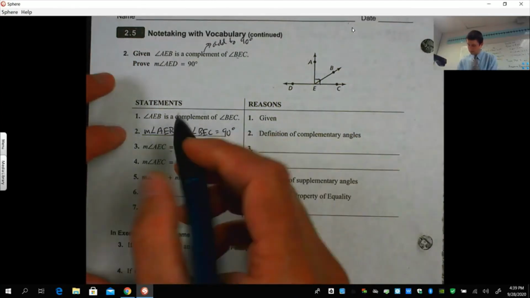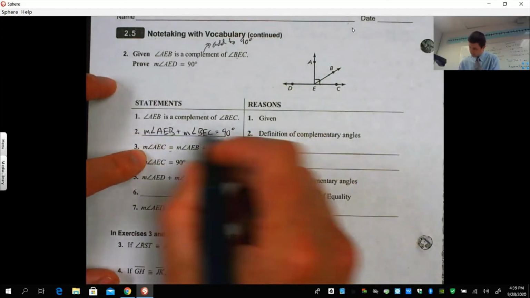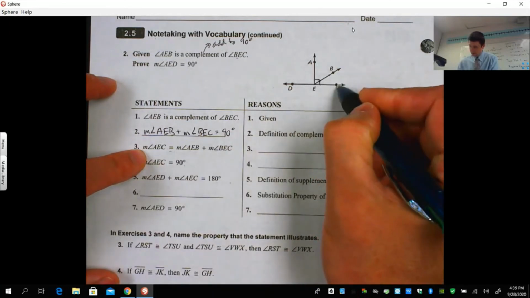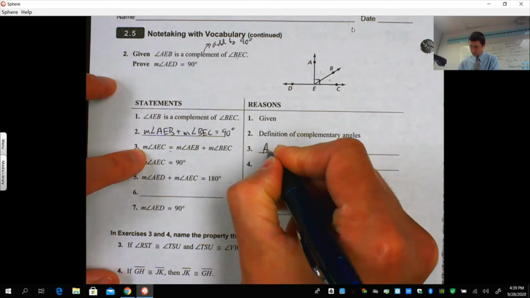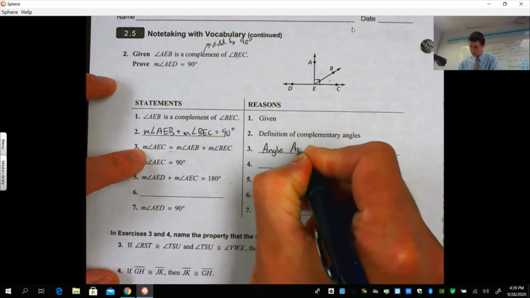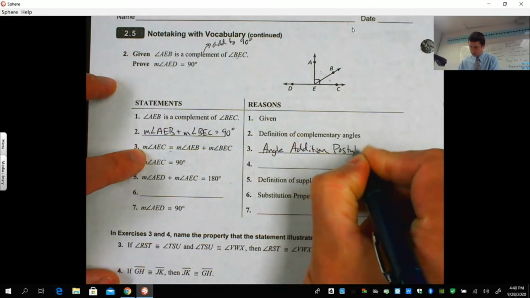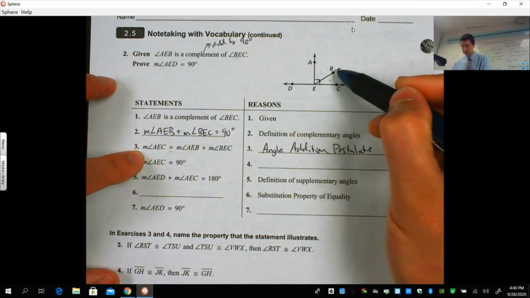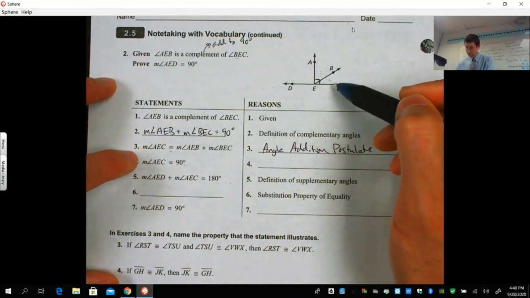So measure of angle AEC equals these two angles added together. That's going to be our angle addition postulate. Should have just looked at the diagram. AEC equals AEB plus BEC. So the two smaller angles added together equal the bigger angle.